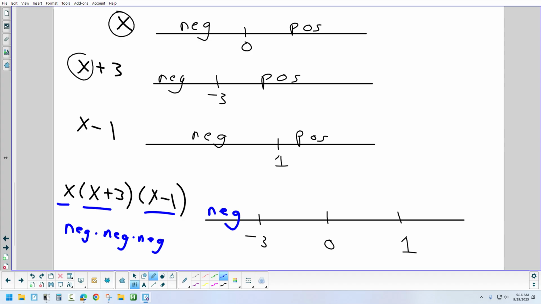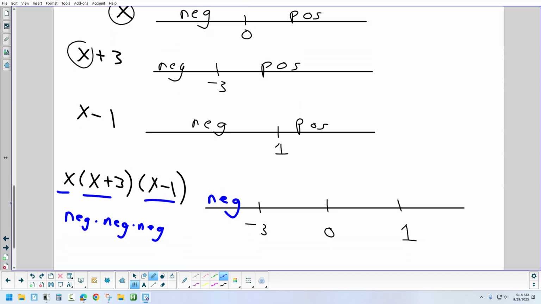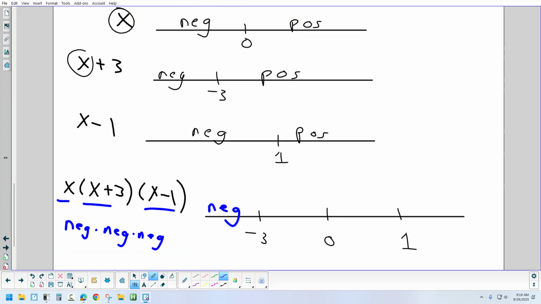Okay. Now let's look at between -3 and 0. So Travis, in the top number line, what kind of number would I get if I was between -3 and 0? Negative. Yep, negative. How about Ethan, what kind of number would I get in the middle number line if I was between -3 and 0?